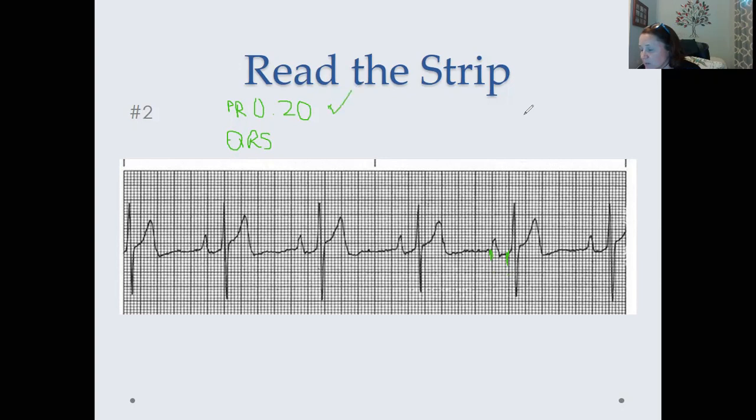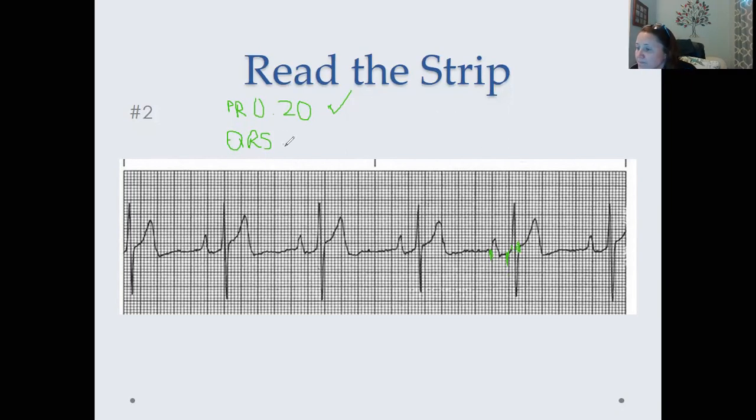We're within normal limits. QRS complex, we'll just start right there, and we are going to go from where it begins to the next line. So that is going to be 1, 2, 3.